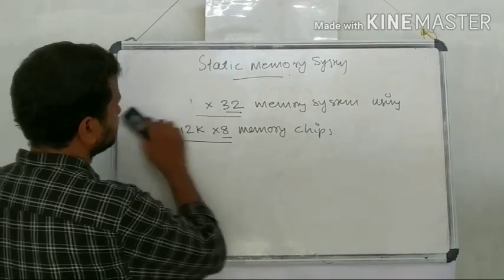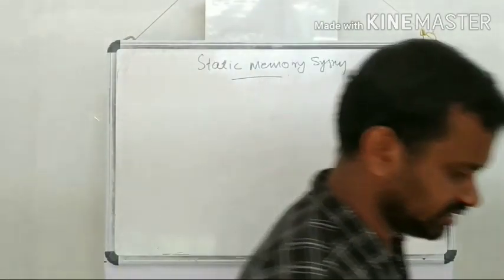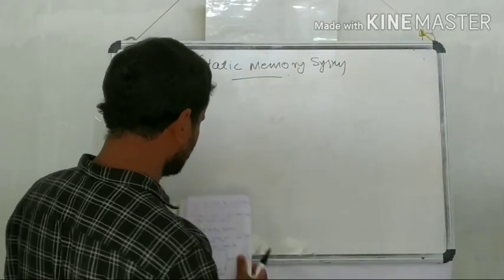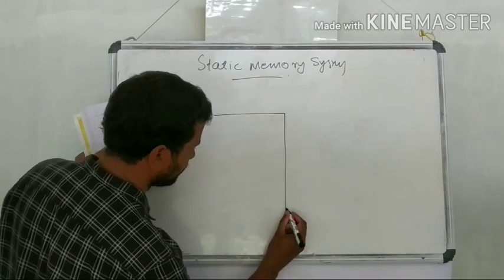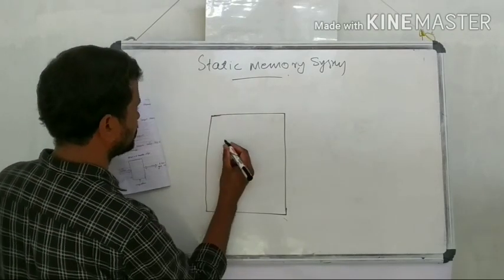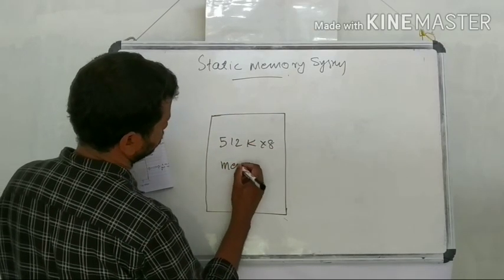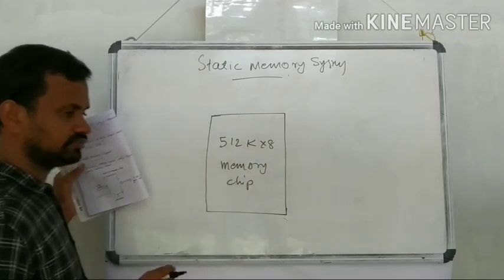So first we can consider the 512K memory chip. This is our 512K into 8 memory chip.